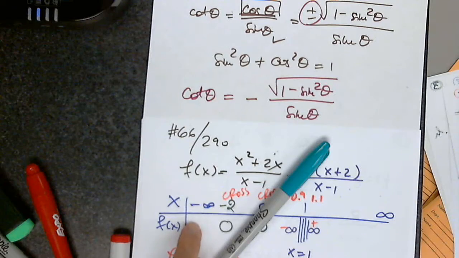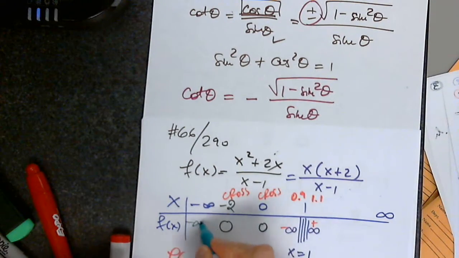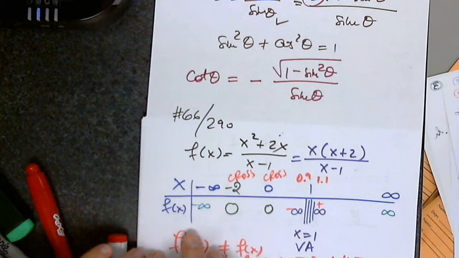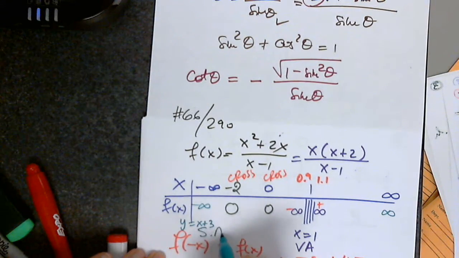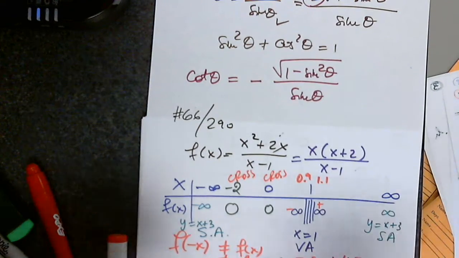What should I write here? Exactly. Negative infinity, and here? Positive. And I have to write next to my chart so I don't forget: y equals x plus 3, slant asymptote.